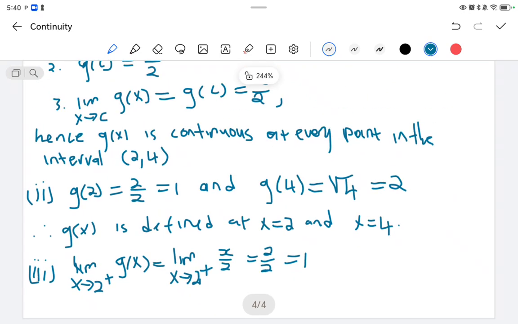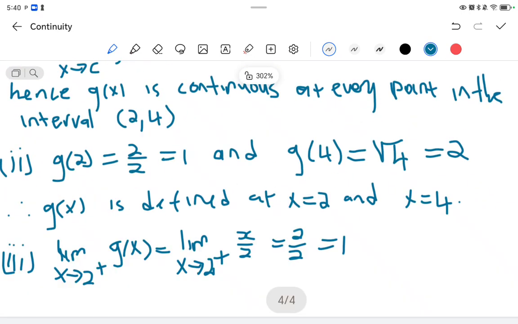We realize that the right-hand limit, therefore, the limit as x approaches 2 from the positive side of g of x is equal to g of 2. You see, this is equal to that.